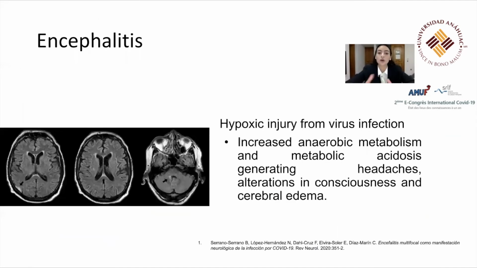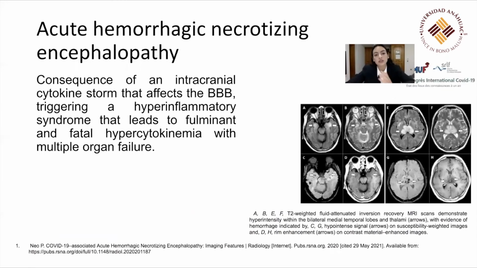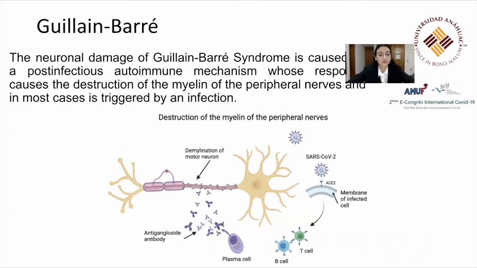Encephalitis caused by hypoxia due to infection of the virus generates an increase in anaerobic metabolism and metabolic acidosis, leading to headaches, alteration in consciousness, and cerebral edema. Acute necrotizing hemorrhagic encephalopathy is presumed to be the consequence of an intracranial cytokine storm that affects the blood-brain barrier, triggering a hyperinflammatory syndrome leading to fulminant and fatal hypercytokinemia with multi-organ failure.